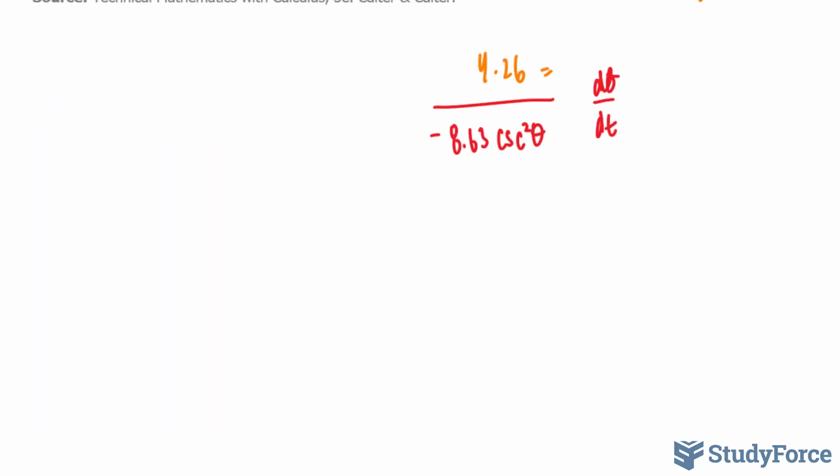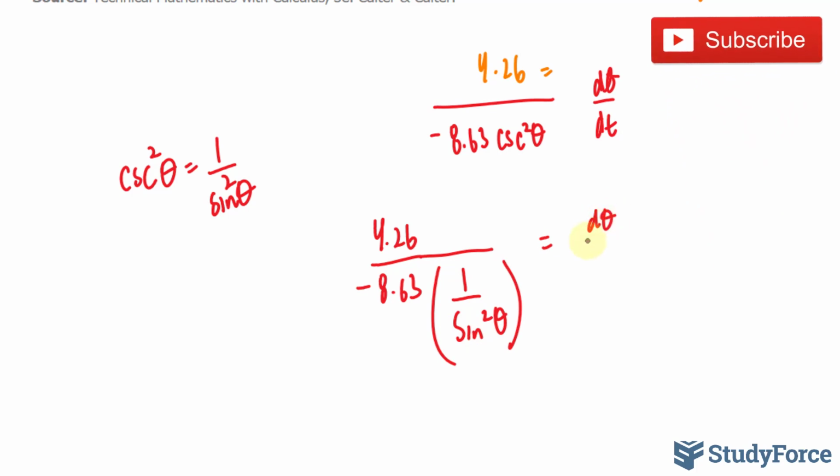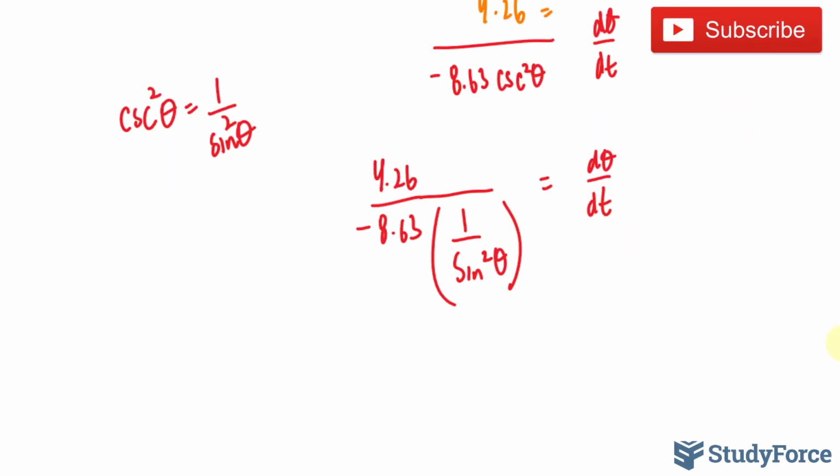Now the reason why this is a good thing is because now we can split this up where we have 4.26 divided by negative 8.63, and at the same time we have 1 over cosecant squared theta. Remember that cosecant theta is equal to 1 over sine theta. So if I square this, I would end up with 1 over sine squared theta, and that is equal to d theta over dt.